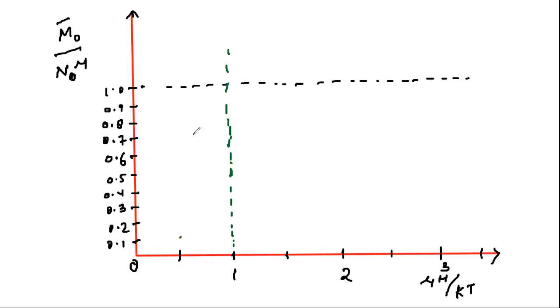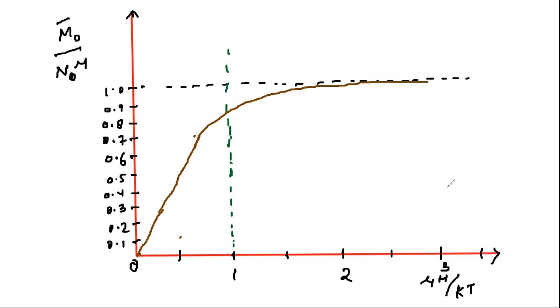It goes approximately like this. So first it has a linear behavior, then it goes like this. You can see this diagram in any text.